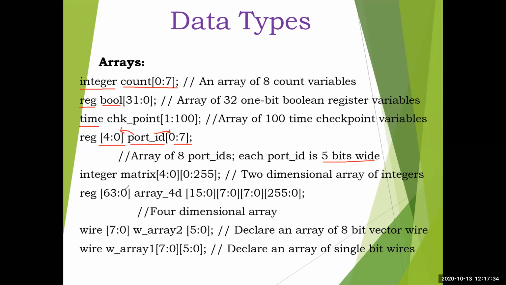Then integer matrix [4:0][0:255] is a 2-dimensional array. Reg [63:0] with a 4-dimensional array, and here we have also used vectors, so each element is 64 bits wide.